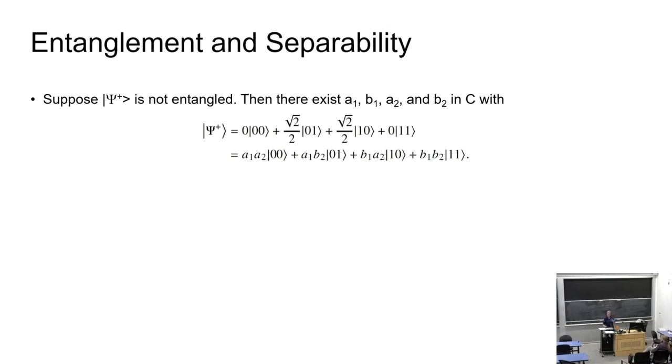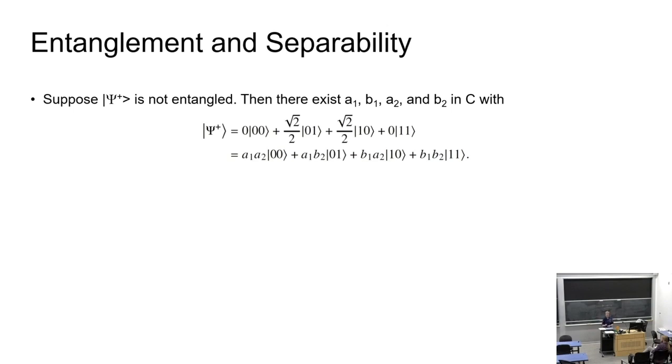From the first expression, I know that either A1 or A2 is 0, right? So let's assume A1 is 0.